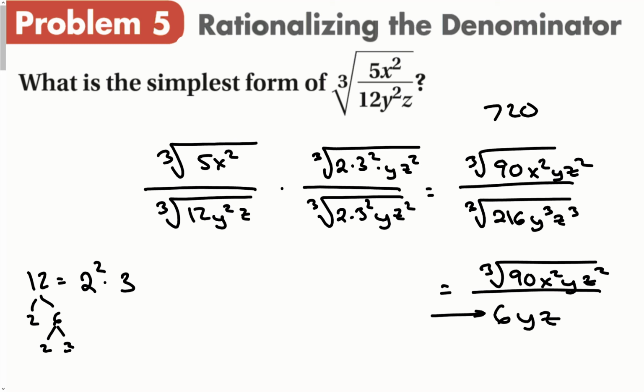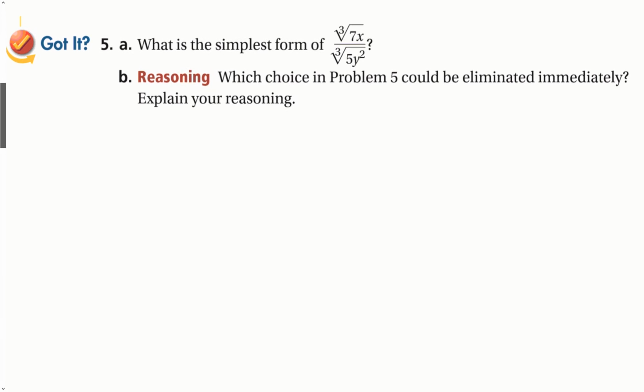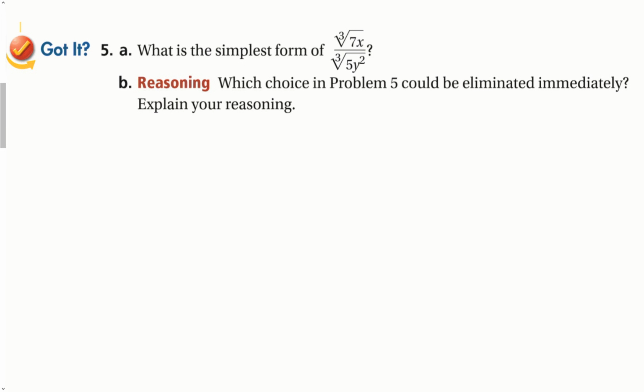Yeah, we did square root of 720. But you can simplify the cube root of 720, and then you would have to reduce the problem at the end. So if you can get to the smallest number that would make this denominator a perfect cube, that would be better. A little bit easier if it's prime.